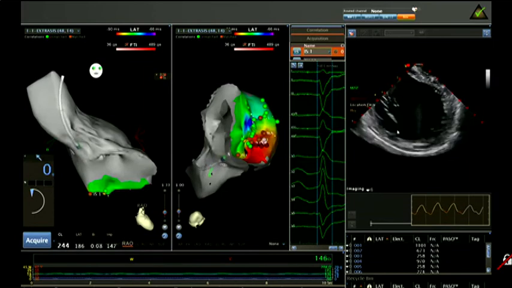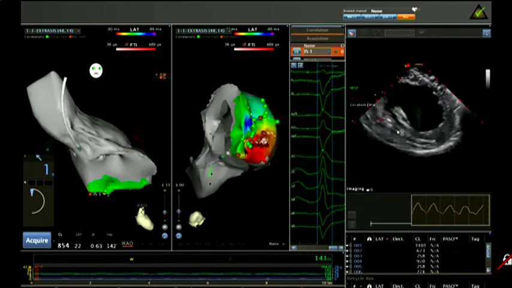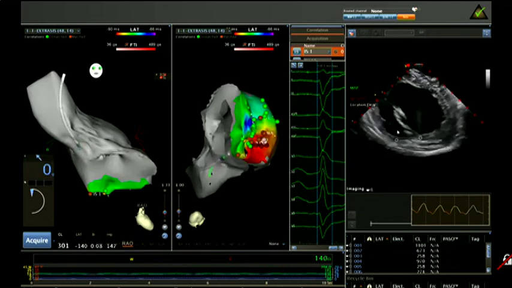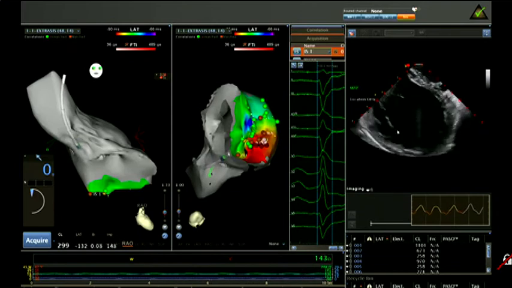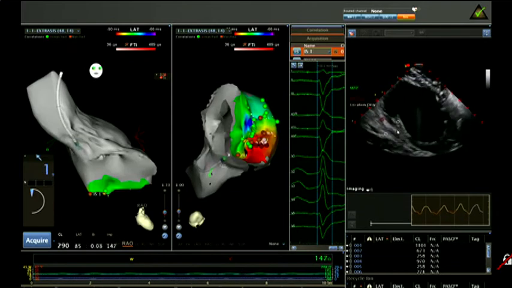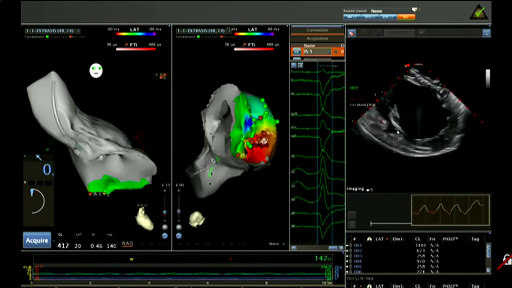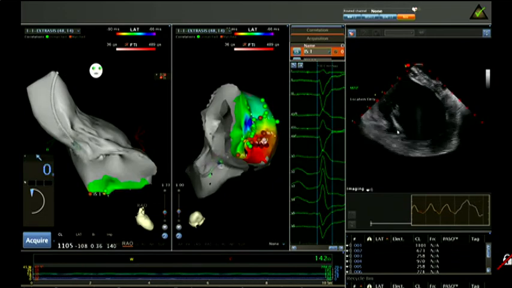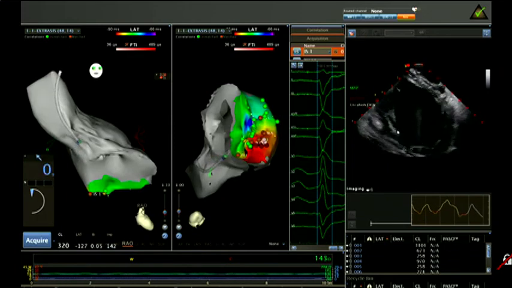So first we tried to map the activation, and then we did pace mapping. The problem we had with pace mapping is that first there were two morphologies of ventricular extrasystole, and secondly, we introduced the ablation catheter and generated ectopy, and there was a similar morphology.